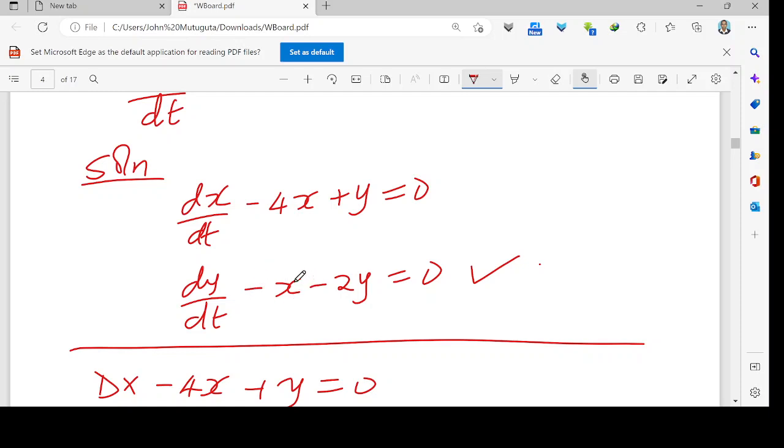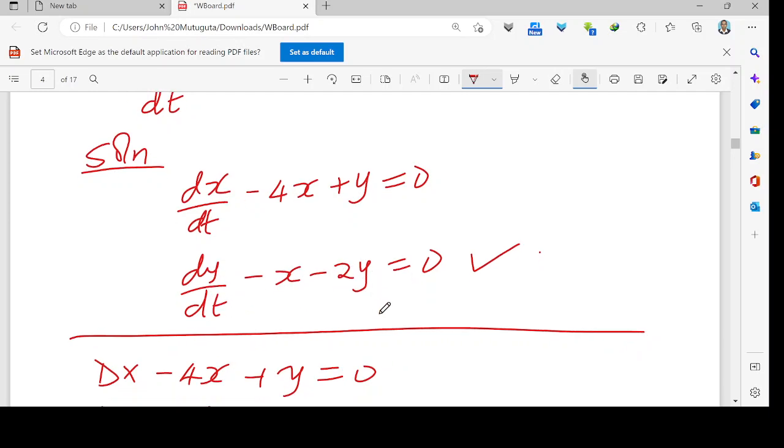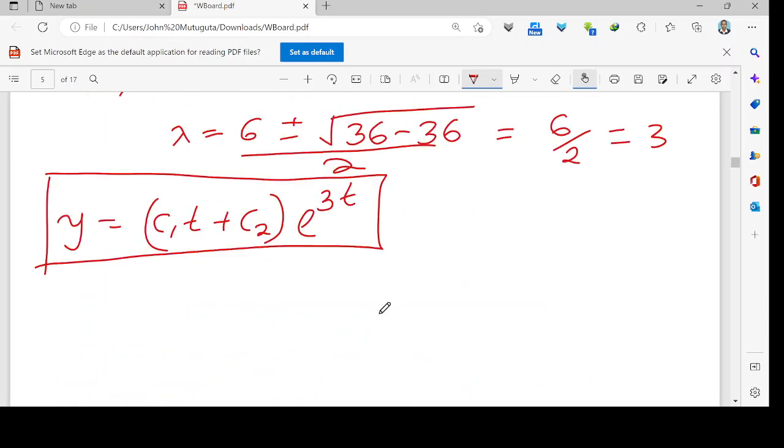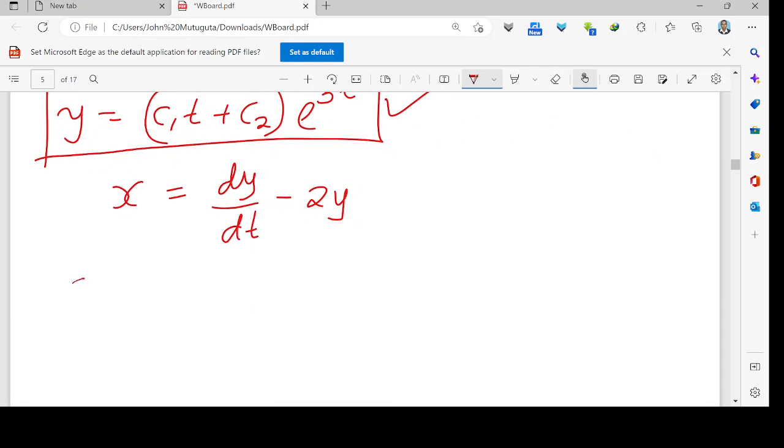So we just need to move x to the other side and we get x is equal to dy/dt minus 2y. So we come back to here and write x is equal to dy by dt minus 2y. We have our y here, so all we need to find is dy by dt.